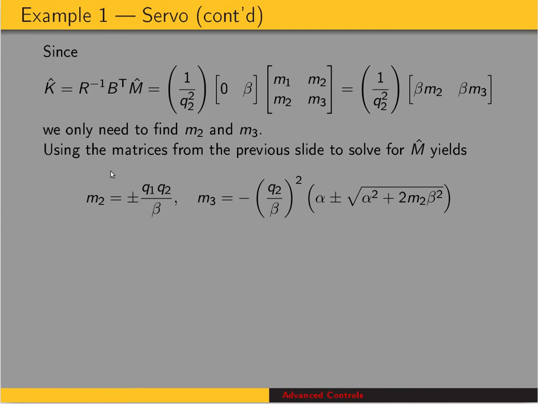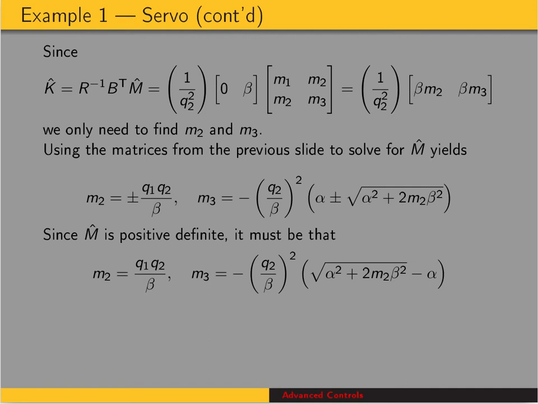And now combining all the equations, we end up with these expressions for M2 and M3. And then we apply the knowledge that M hat is positive definite. So we get that M2 is Q2 over beta, and here's an expression for M3.